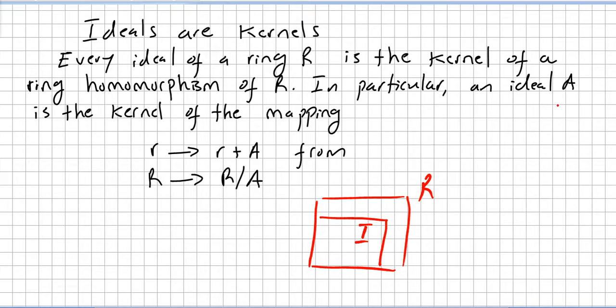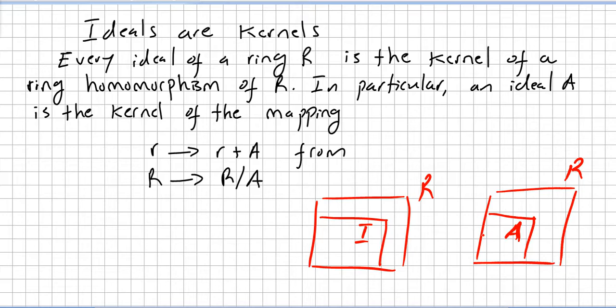In particular, an ideal A is the kernel of a mapping. Not easy to draw here. Imagine the same ring and we have an ideal A here.